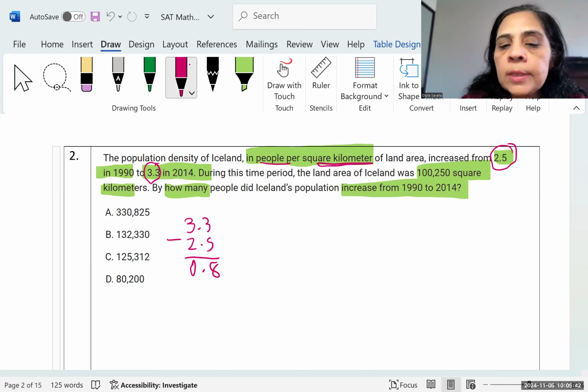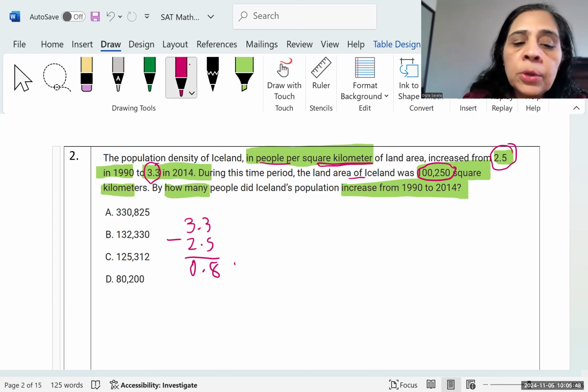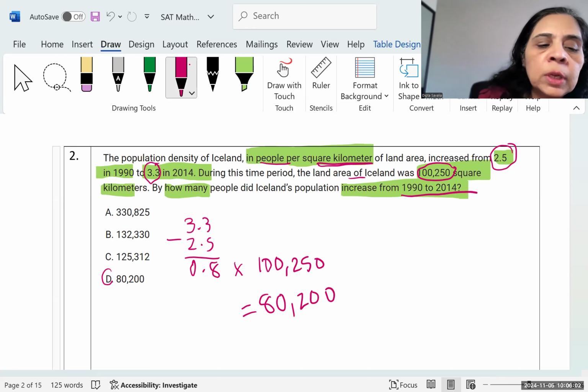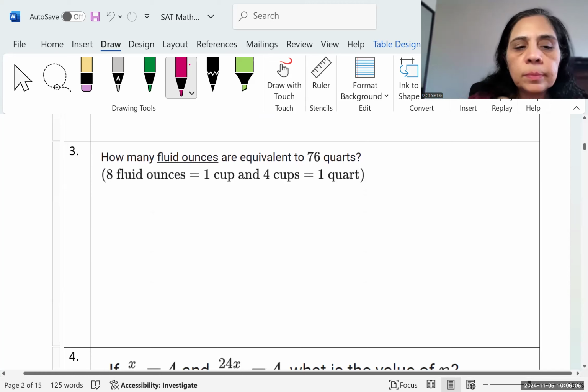So now what it says here, area of island was 100,250 square kilometer. So simply we can just multiply this. You can use calculator. So you will get here 80,200. That's increasement in population from 1990 to 2024. So answer choice D. Let's see third one.